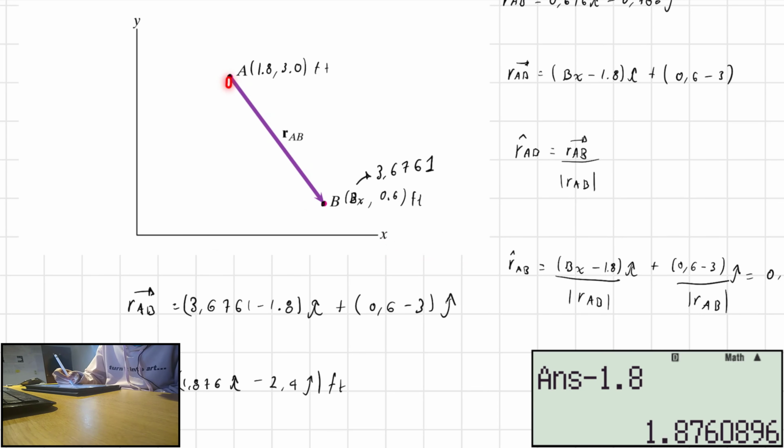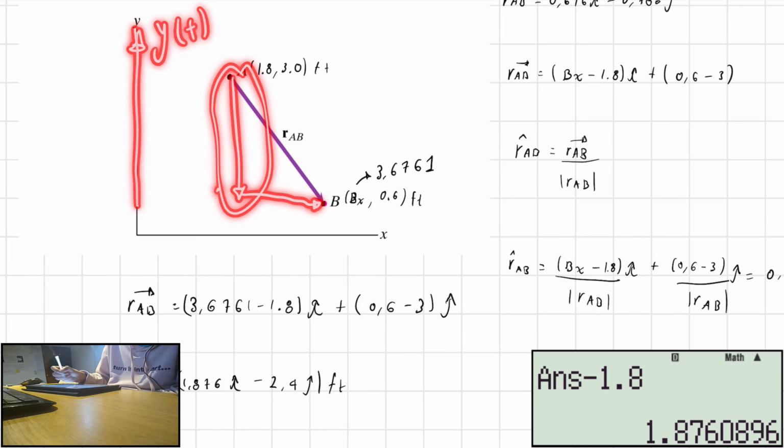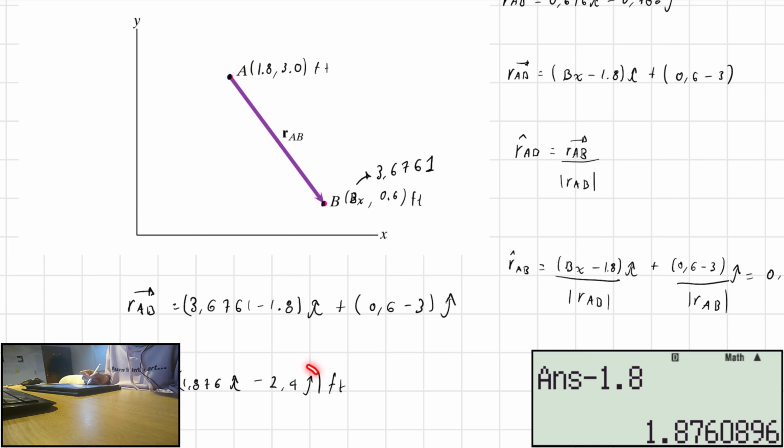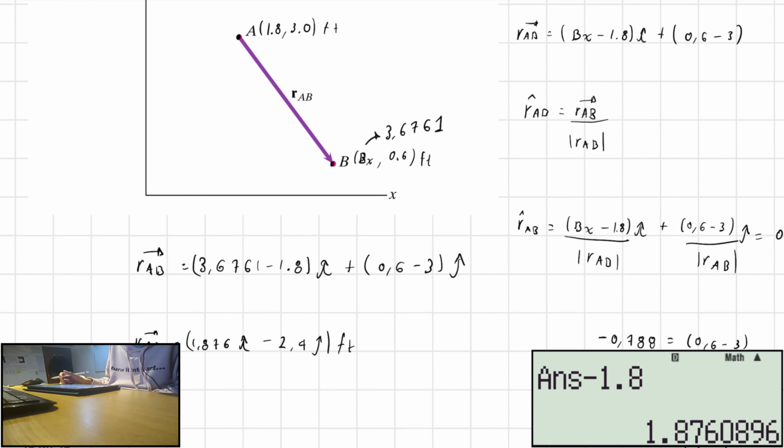And the other should be negative because of the same reason, but the other way around. This is the positive numbers for y, and right here I have that this component is towards the opposite direction. All right, so this makes sense. And that's it, guys. This is how you can solve this exercise.